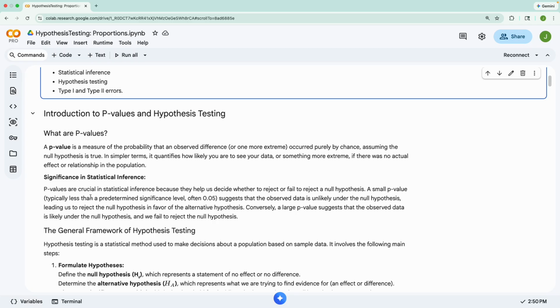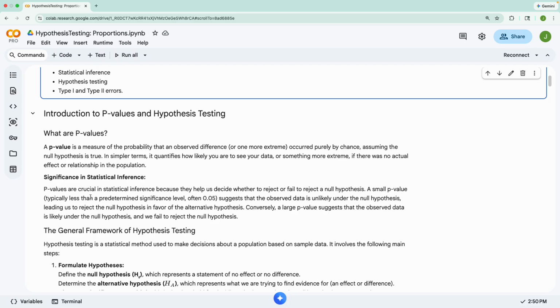Now, we have to know what is the cutoff level of risk that we'd be willing to endure. Oftentimes people set that level of risk to be 5%. So we say if we get a p-value that's less than 5%, that's not likely to be due to random chance, and then we decide that the alternative hypothesis is true.